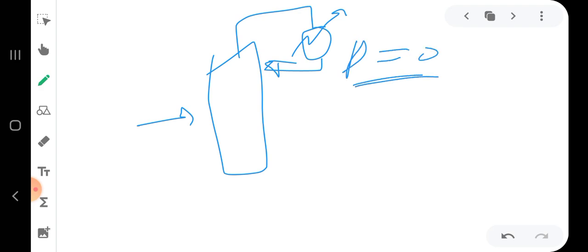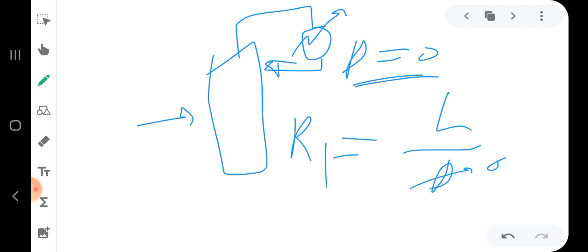We don't have any molar flow rate for the distillate, and you know that R is equal to L over D. So if D is 0, R will go to infinity, because 1 over 0 is infinity.